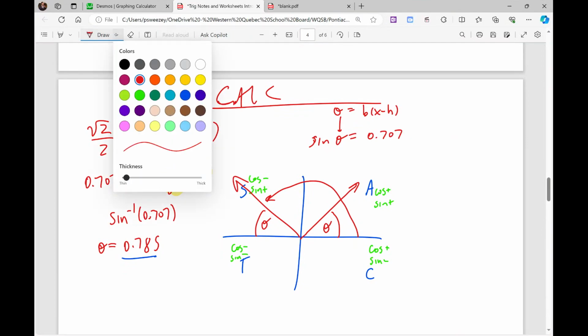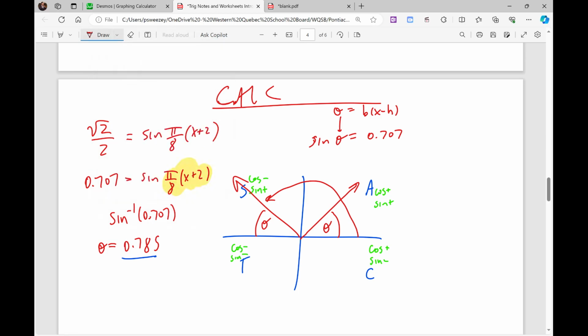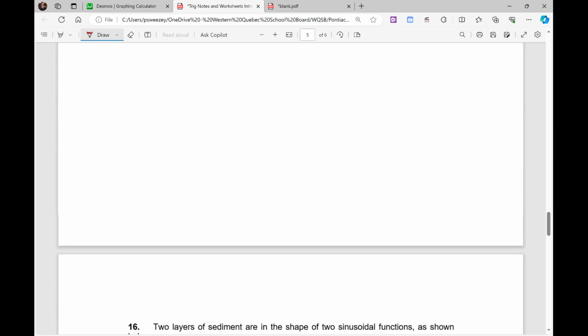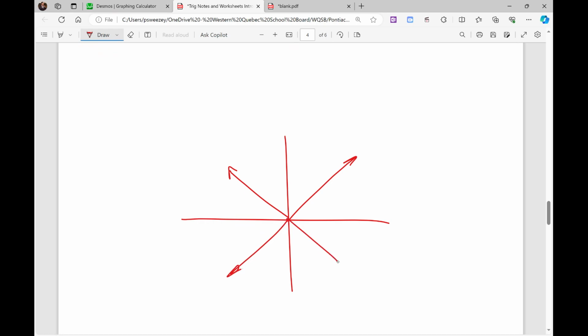So let's add on to this for a second. In fact, I'm going to do this just down here as an example, just to further elaborate on this. In this case, we're up in these two quadrants, and it could have been in these two quadrants, depending upon whether it was positive or negative.